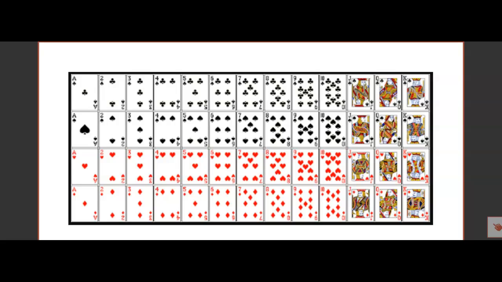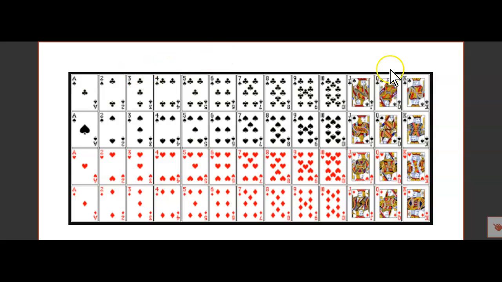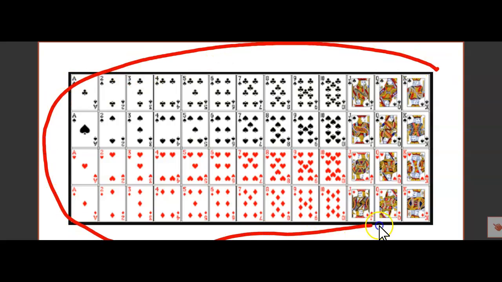I've got 4 suits: clubs, spades, hearts, diamonds. There are 13 cards in every suit. So this full deck altogether is 52 cards.